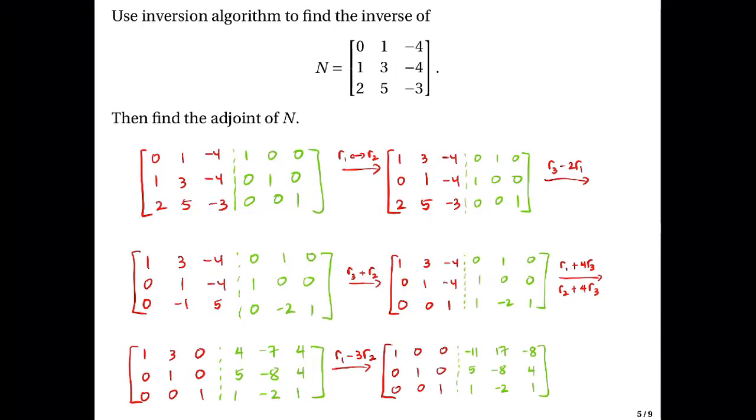So which means this guy here, this will be your inverse. This is the identity matrix on this side. So this is the inverse. Okay? So let us write that.